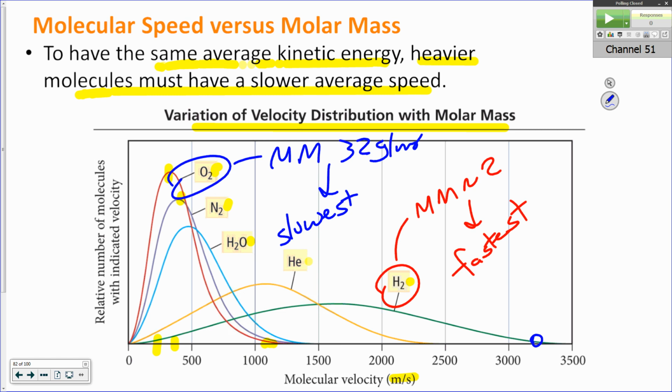You're talking about 3,000 plus meters per second. That's 2 miles a second, if they didn't run into anything and the gas particles just went in a straight line. At the same time, you have a small fraction of molecules moving much, much slower, as slow as 100 meters per second, until they hit something.